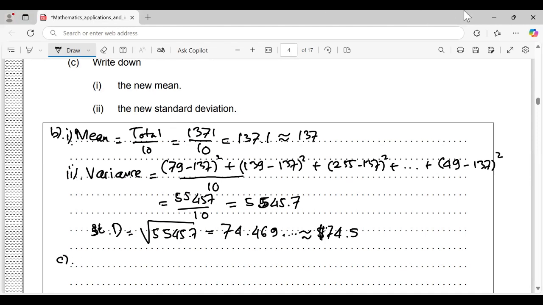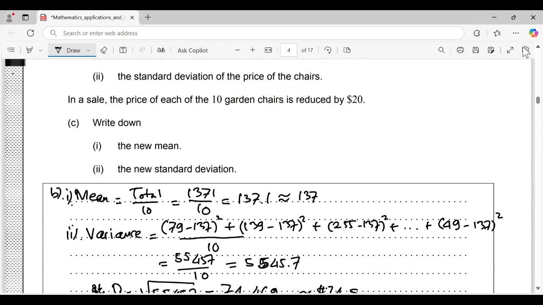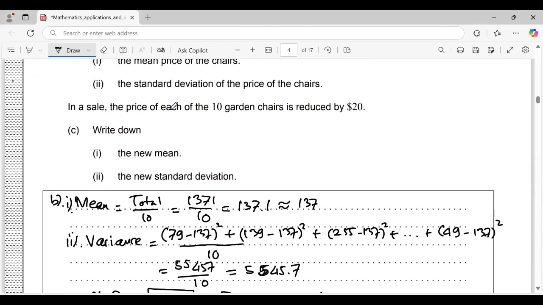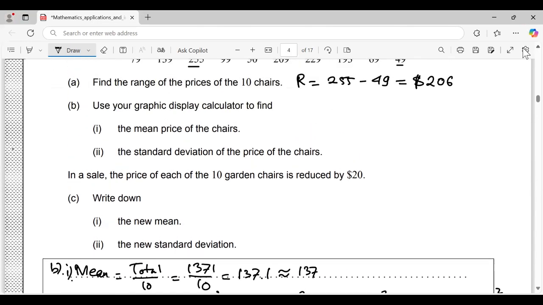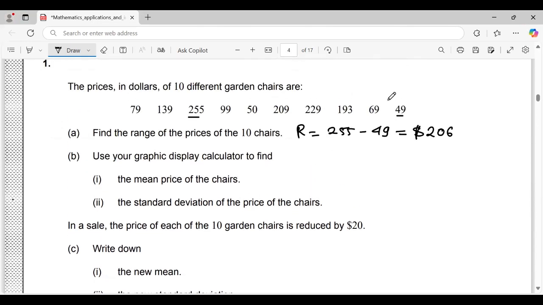Part C. In a sale, the price of each of the 10 garden chairs is reduced by $20. Write down the new mean and the new standard deviation, right? So that's the data. We're going to reduce by $20. So 79 becomes 59, 139 becomes 119, 255 becomes 235, and so on.